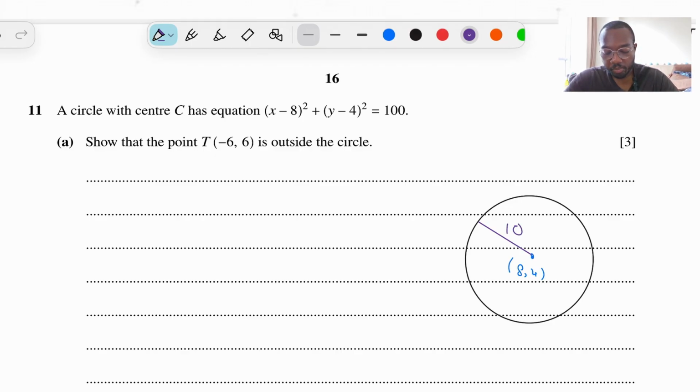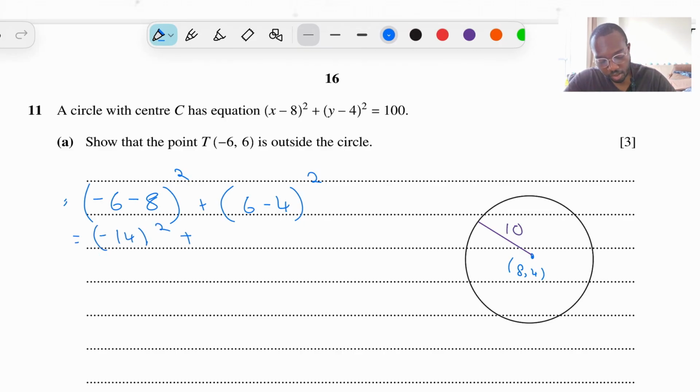So what we can do is put our values into the circle equation. So we have minus 6 minus 8 squared, and then plus a 6 minus 4 squared. If we work this out, we get a minus 14 squared plus a 2 squared.